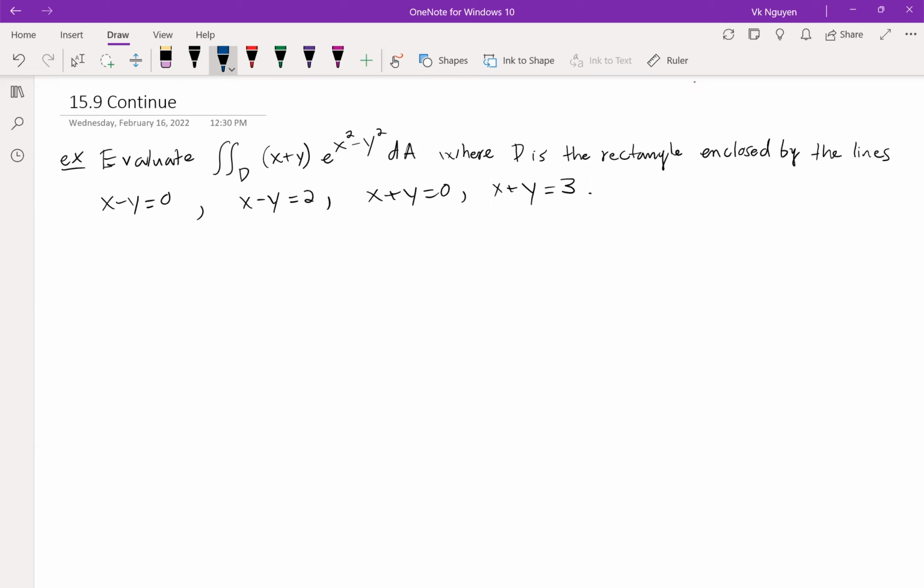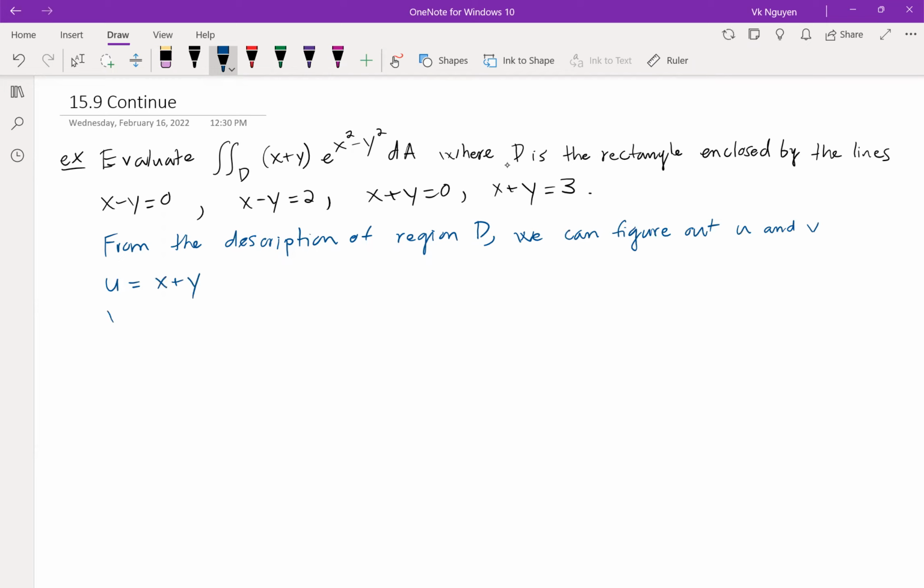From the description of region D, we can figure out u and v. U is equal to x plus y, v is x minus y.